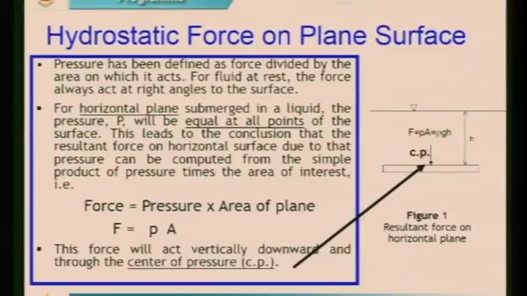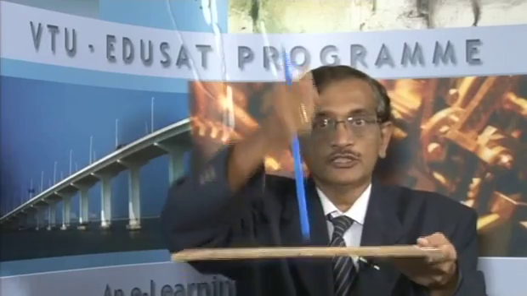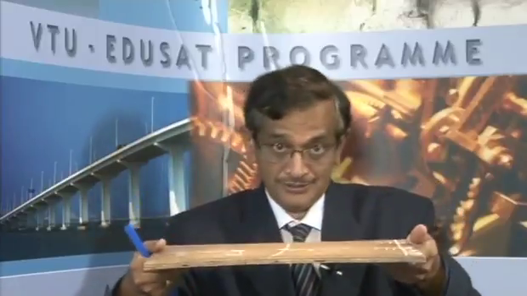Again, repeat: earlier we were only interested to know the intensity of pressure, differential pressure. What is the pressure? Pascal. You know very well, 1 Newton per meter square. But now I want to know what is the total force acting on this plate, if it is under water, if it is under mercury, or under oil, or under gas.